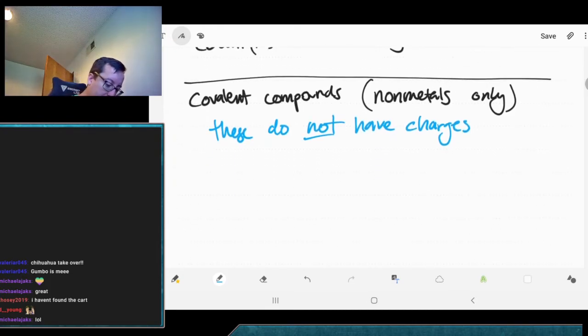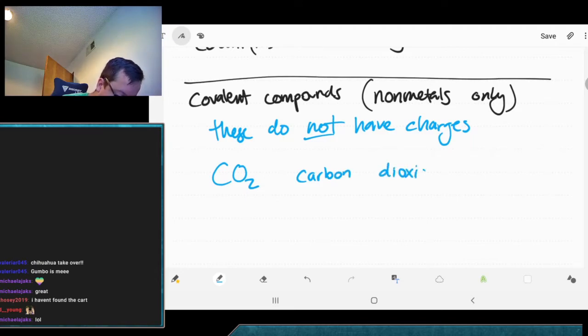Our compound CO2, which will be our reference compound for a covalent compound, is made of carbon and oxygen, and that's it. The name for this is called carbon dioxide. We have heard this name before. There is no carbon 4 plus O2 minus business here. No. These are not charged.